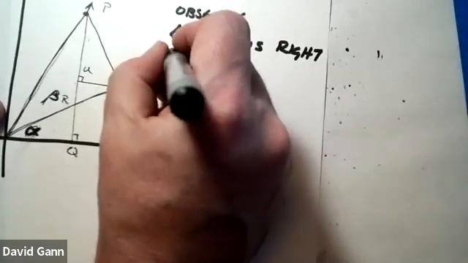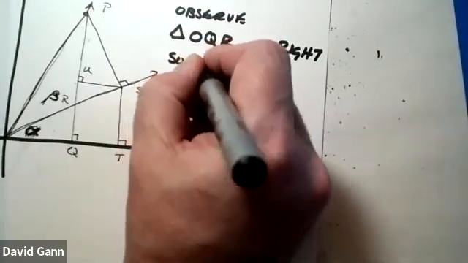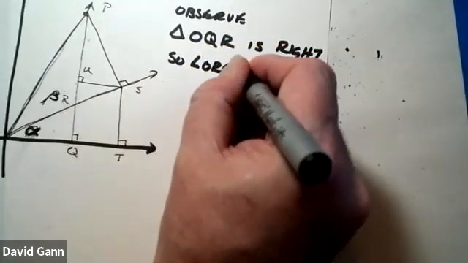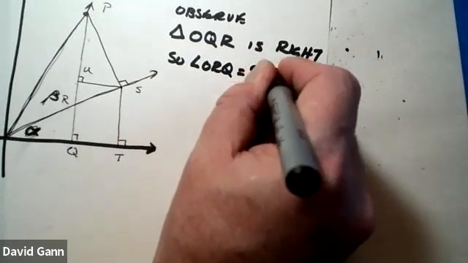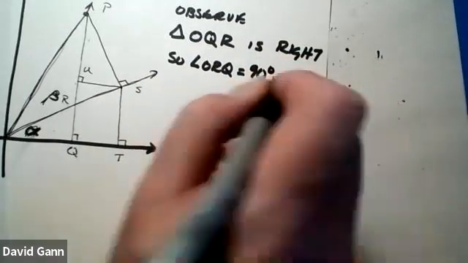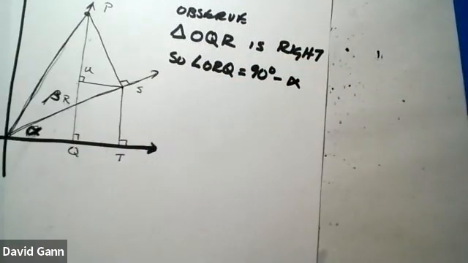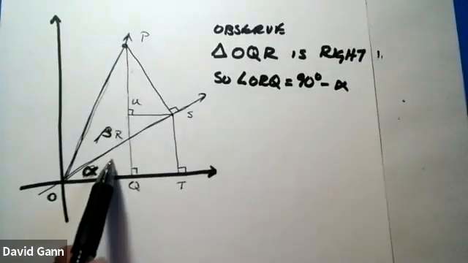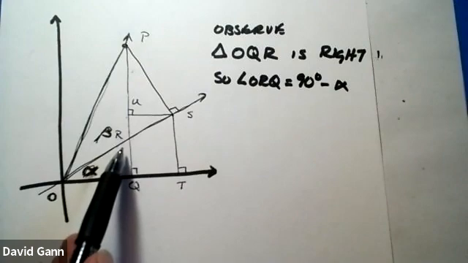So I'll make that argument too. Angle ORQ is equal to 90 degrees minus alpha. Okay? So far, so good. So this is the complement of alpha.